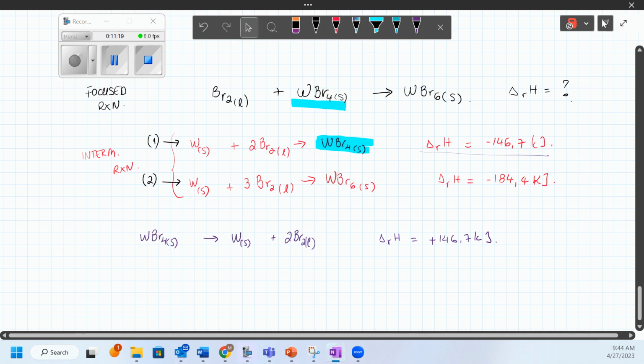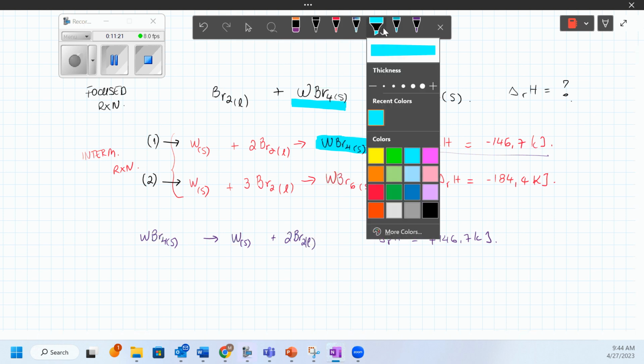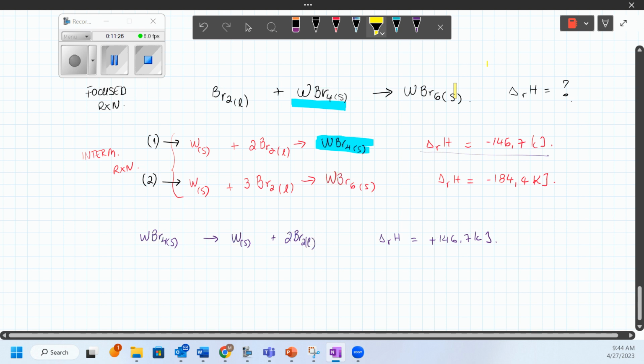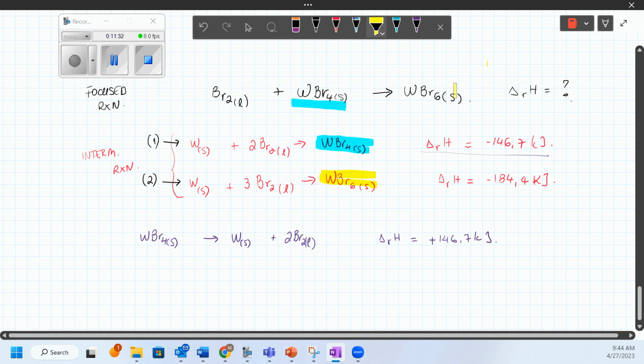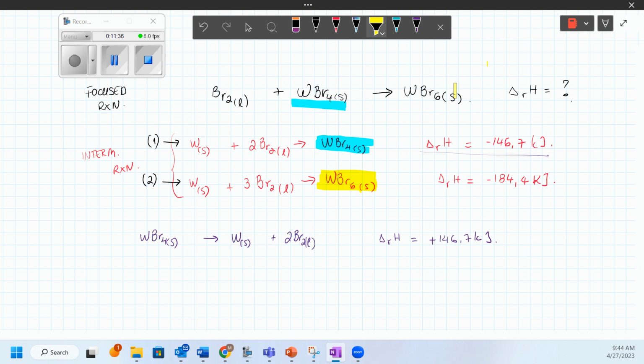So when I'm done with the first one, then I say, okay, let's take a look now at the second intermediate reaction. And then I see that on the second intermediate reaction, WBr4 is on the product side. And then when I compare it with the focused reaction, why do I have to compare it with the focused reaction?